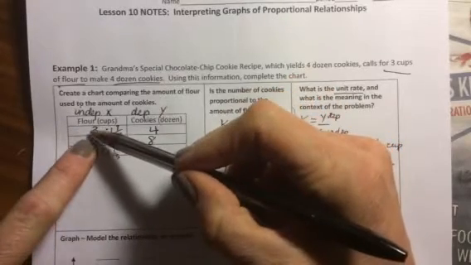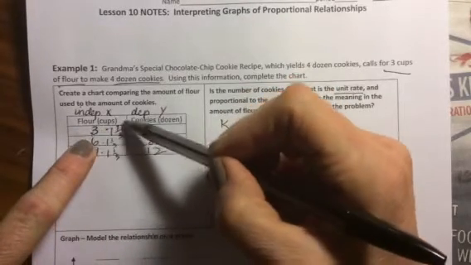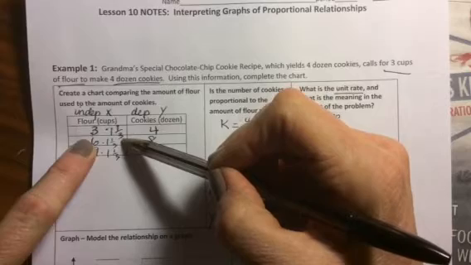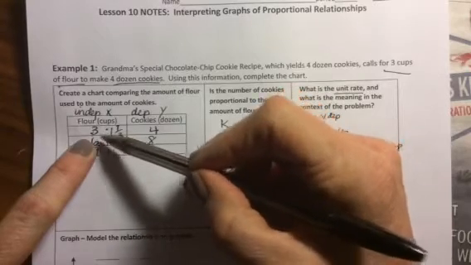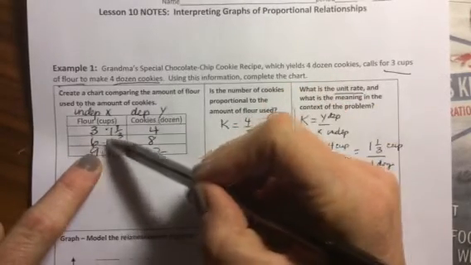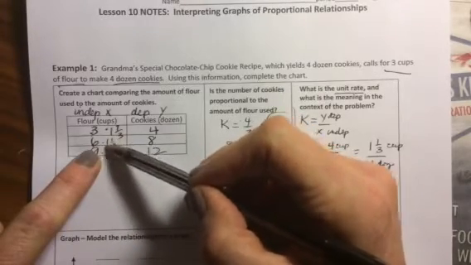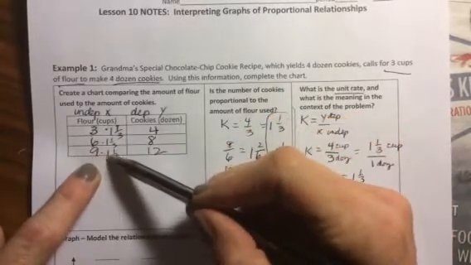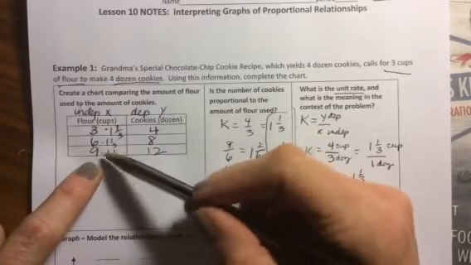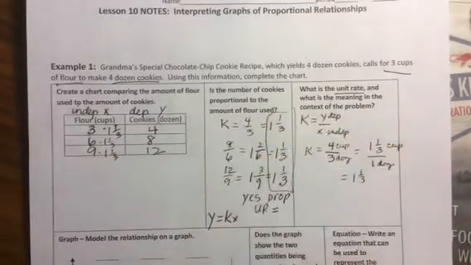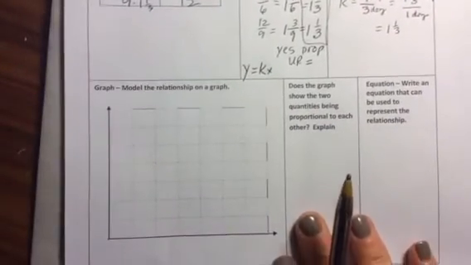Well, 3 times 1 is 3, 3 times 1/3 is like dividing 3 by 3, so that's 1, and 3 plus 1 is 4. 6 times 1 is 6, 1/3 of 6 is 2, so 6 and 2 is 8. 9 times 1 is 9, 1/3 of 9 is 3, so 9 plus 3 is 12. So yep, that works. All right, so now we're going to graph the relationship.